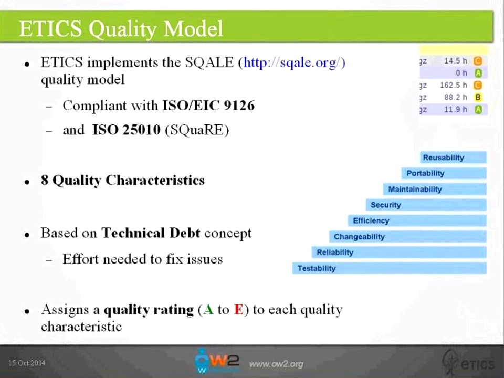And so the concepts are really simple. For each characteristic, we have a number of requirements that the source code needs to be compliant to have a good quality on the given characteristic.